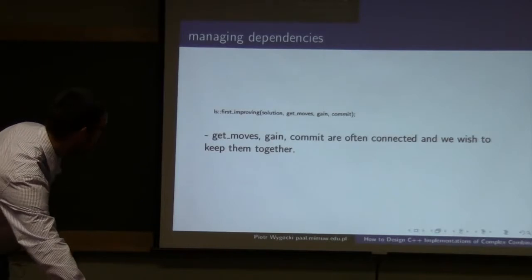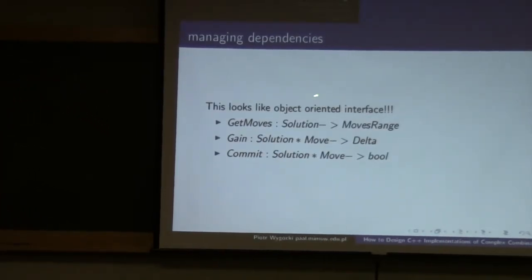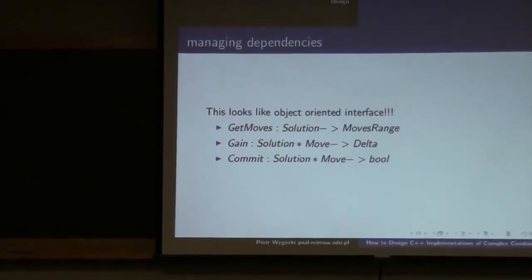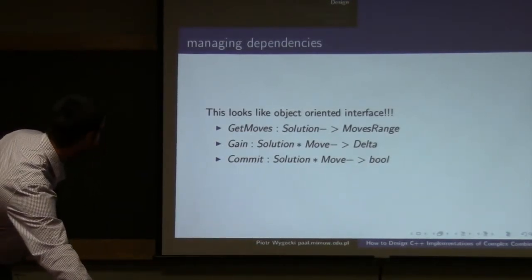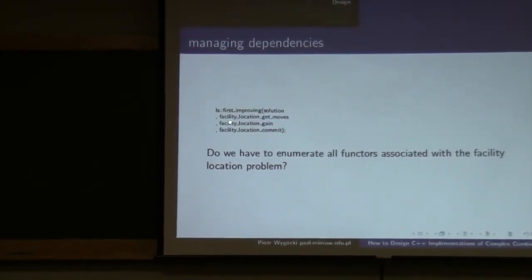So somehow encapsulate this. And if you look at this interface, this even looks like an object-oriented interface. This looks like a C-style object-oriented interface. And also, when you just wrote facility location, and this is the end user, he just wants to run local search on facility location.